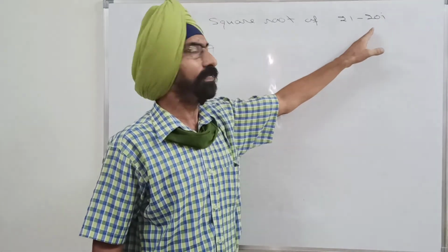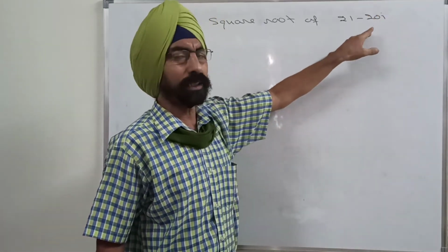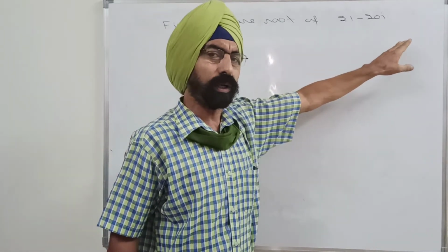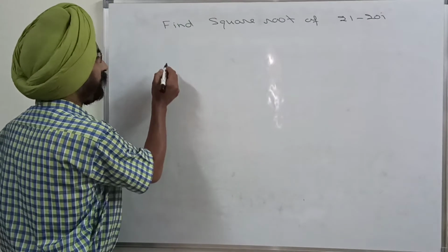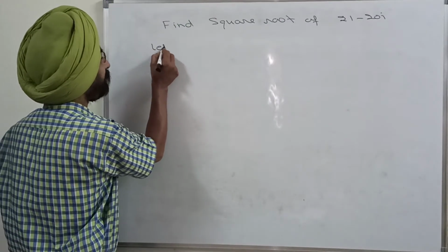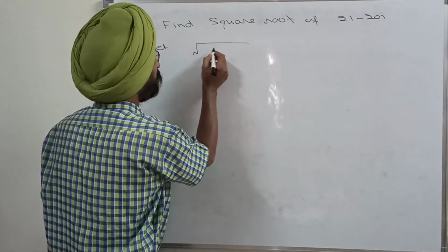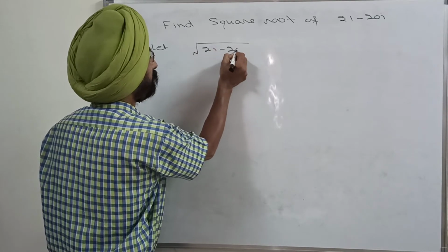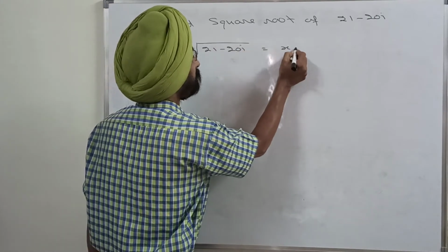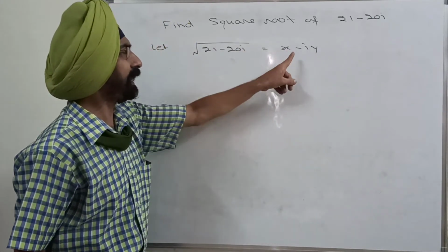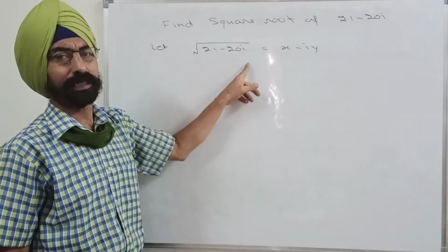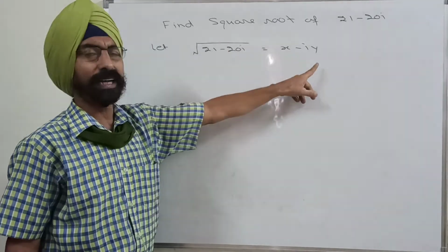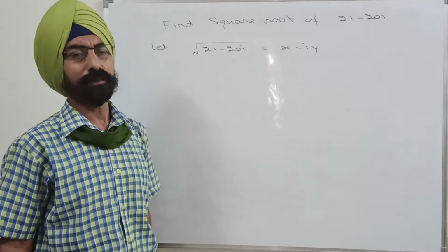If it has a positive imaginary part, its square root also has a positive imaginary part. So, we assume that the square root of this number is x minus iota y. I have taken minus here because the number itself has a negative imaginary part, so its square root will also have a negative imaginary part.